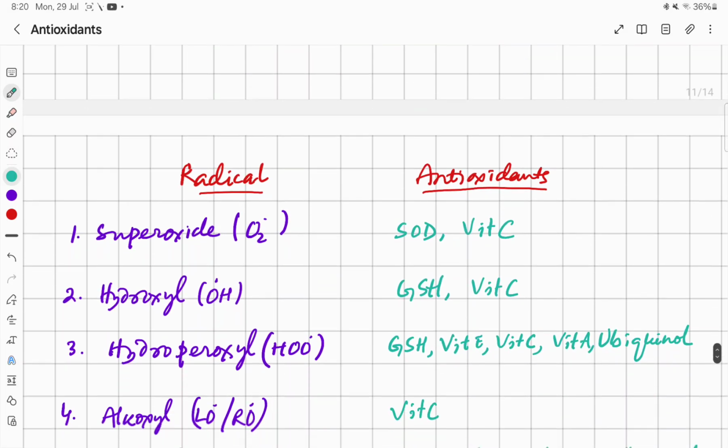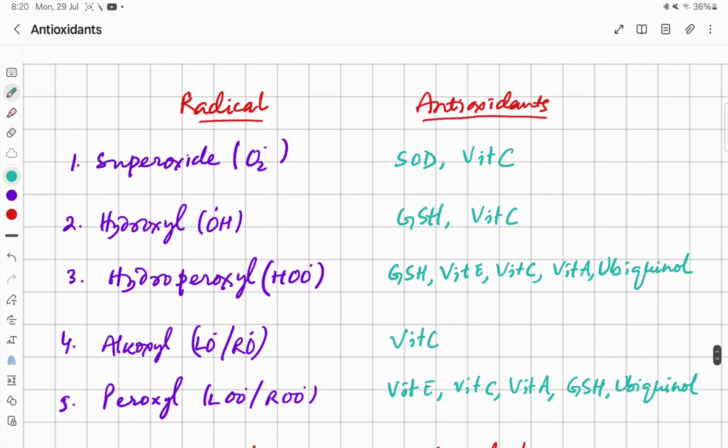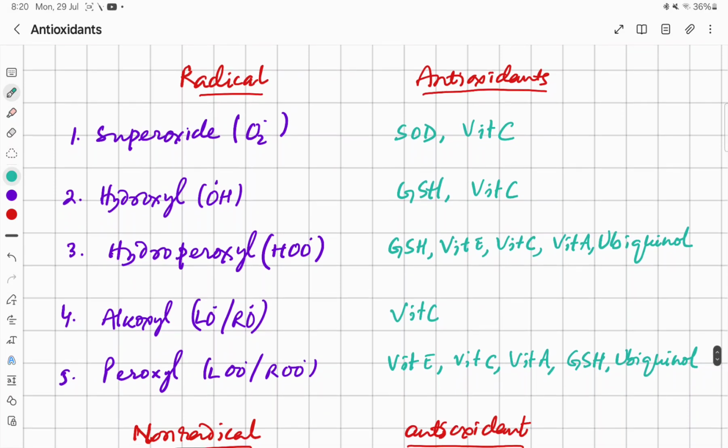So these are all about your antioxidants, and which radicals can be neutralized by which antioxidants. Superoxide can be neutralized by superoxide dismutase and vitamin C. Hydroxyl radical can be neutralized by glutathione and vitamin C. Hydroperoxyl can be neutralized by glutathione, vitamin E, vitamin C, vitamin A, and ubiquinol.